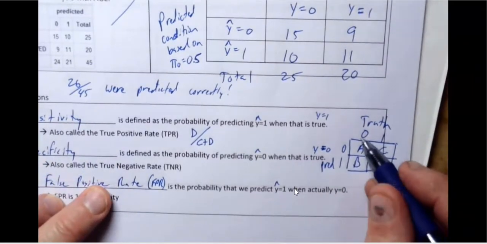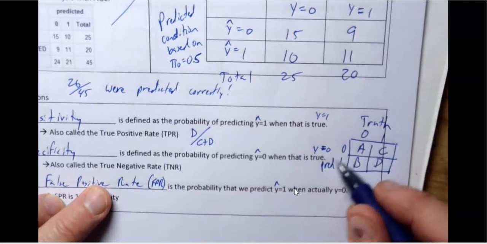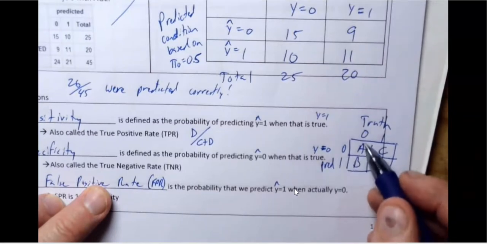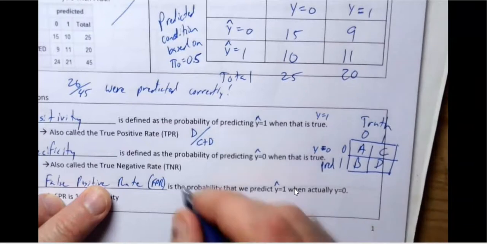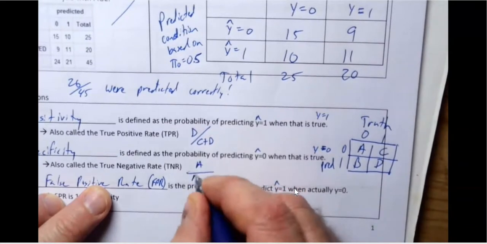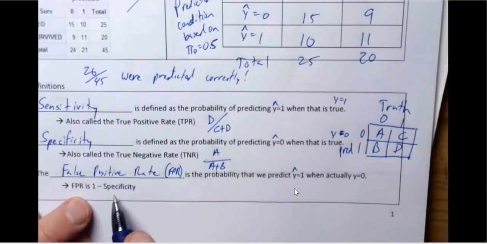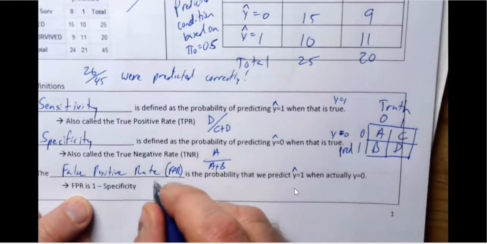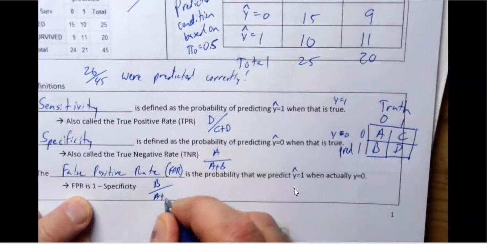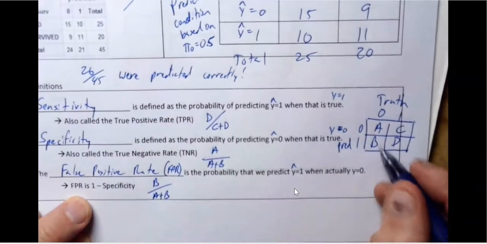Specificity, now we're going to look in this column because we're assuming that, in fact, the person died for specificity. And that would be A over A plus B. Finally, the false positive rate is just 1 minus specificity, so that's going to be B over A plus B. That's this cell over A plus B.